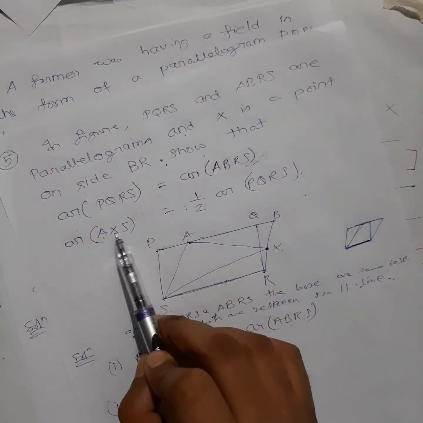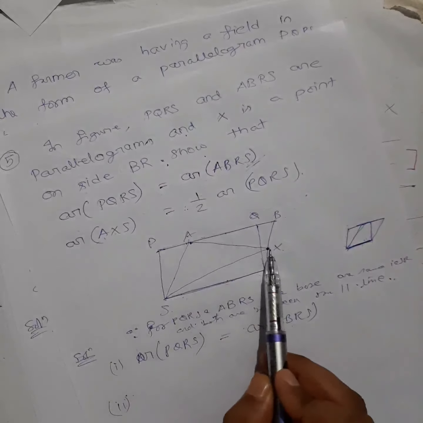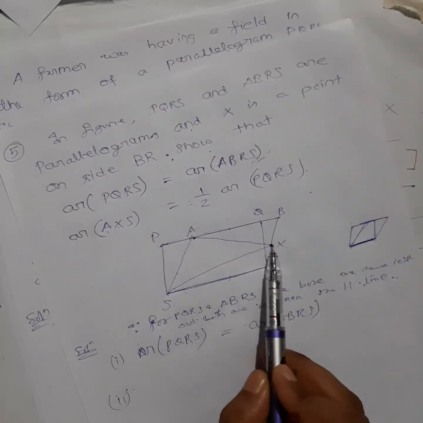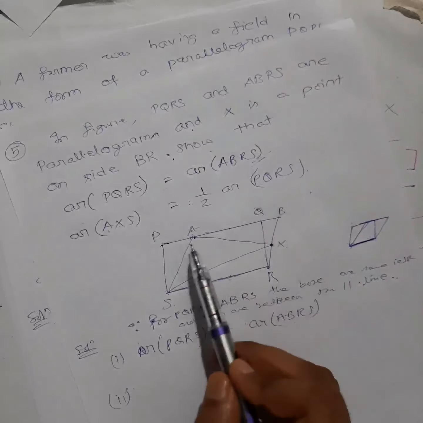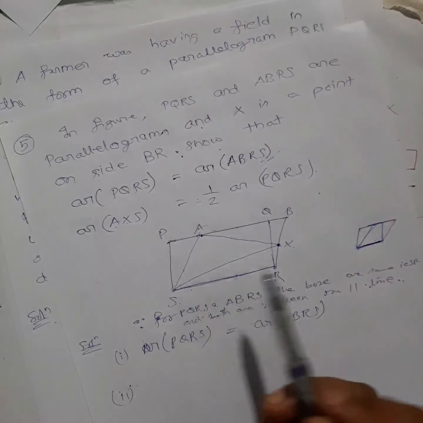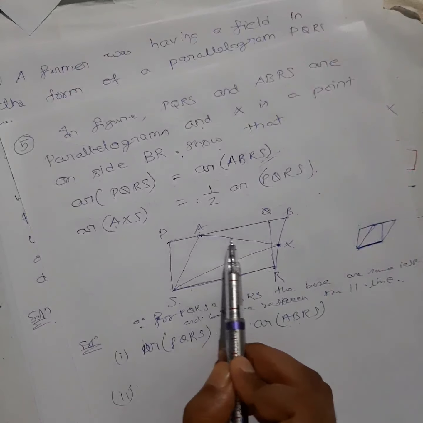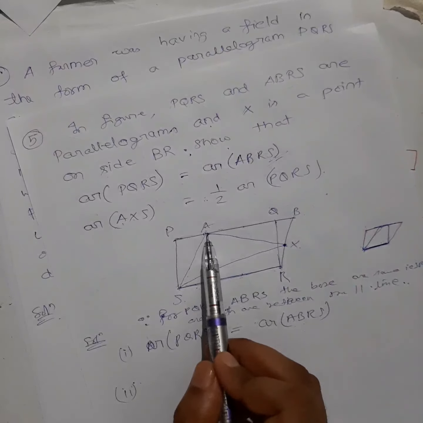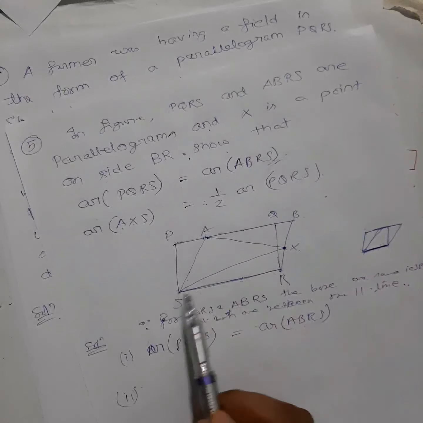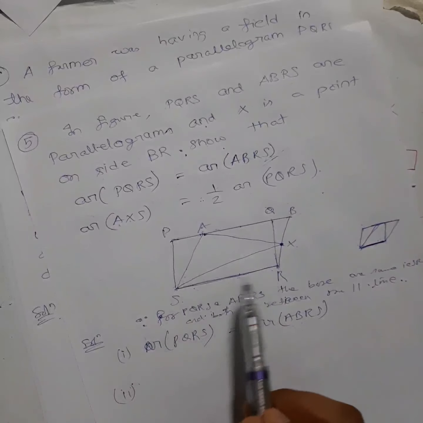You can see area of AXS, it's a triangle, is equal to half of area of PQRS. Now see here carefully. This AXS lies in which parallelogram? ABRS, and we know that ABRS and PQRS are the same.